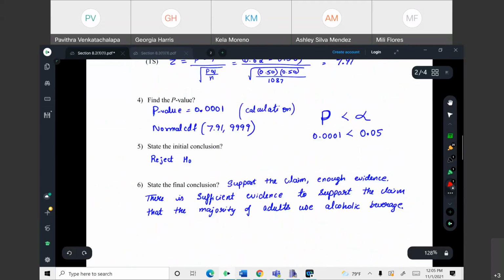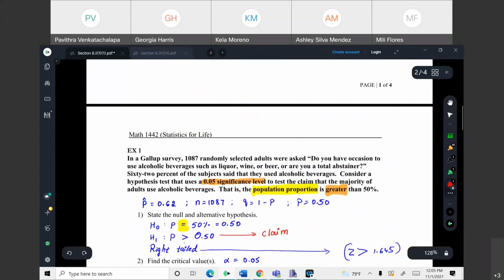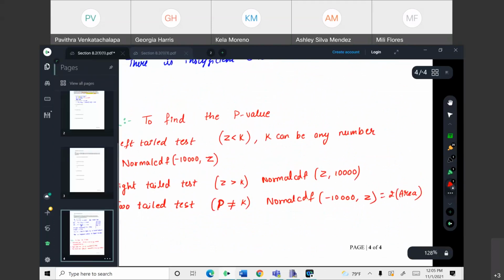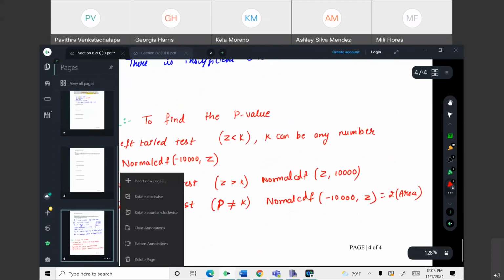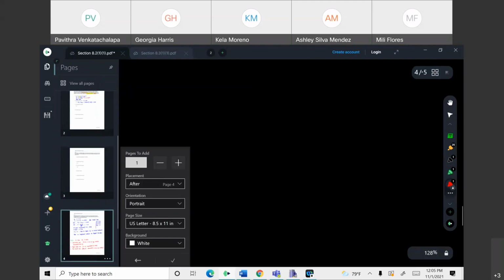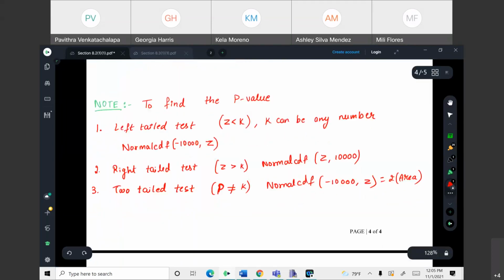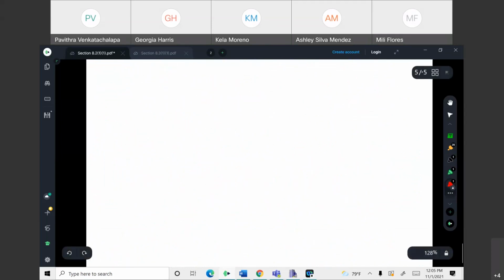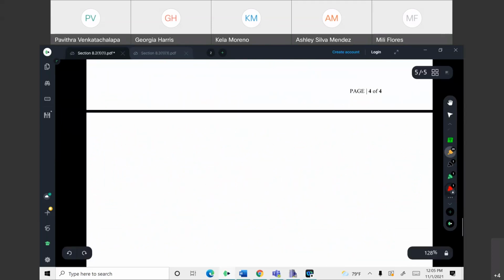So we will do one example of section 8.1. Example 3. Okay.